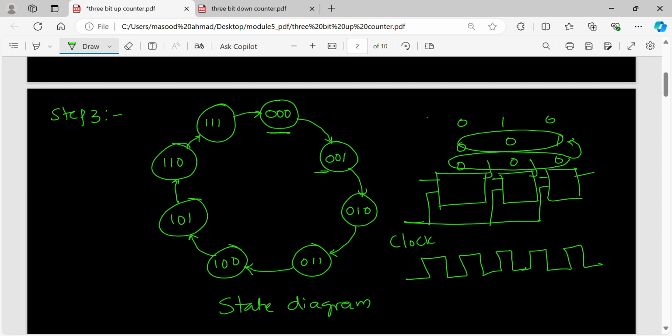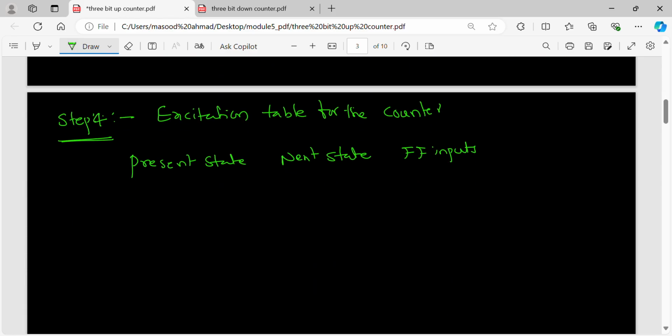We look for what flip-flop inputs we are supposed to give such that it will have a specific transition. Flip-flop A, flip-flop B, flip-flop C. It has 000, and the next state looks like 001.